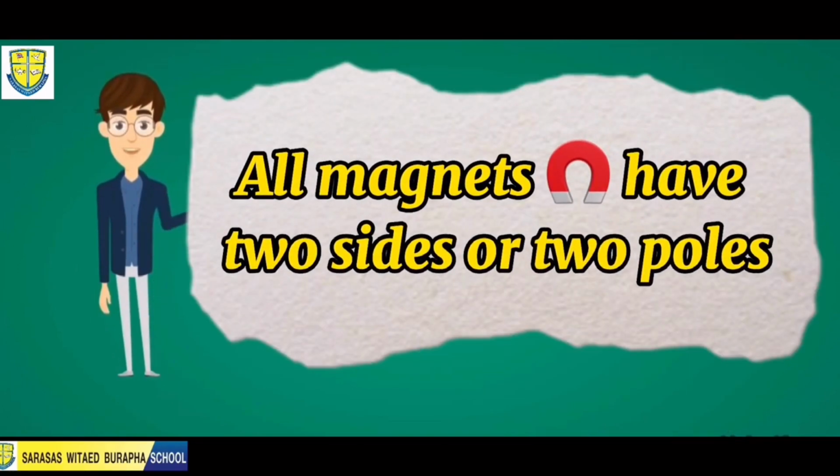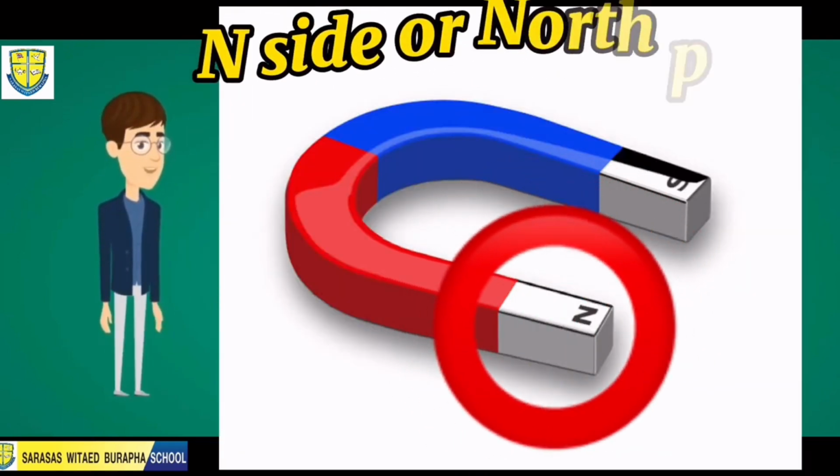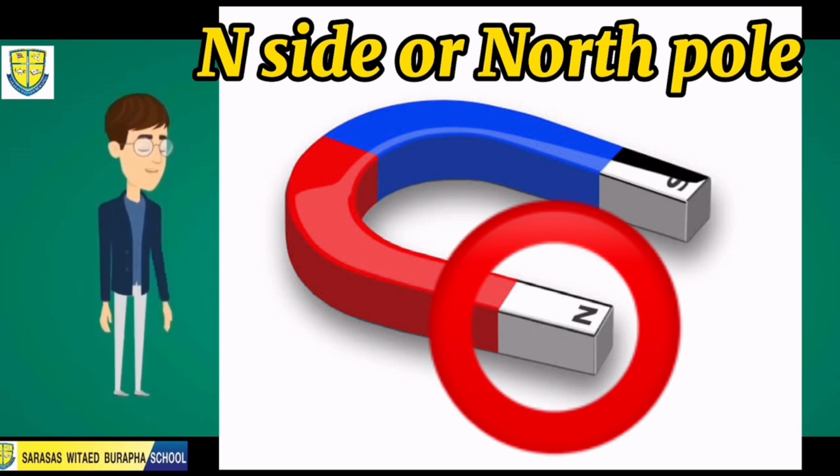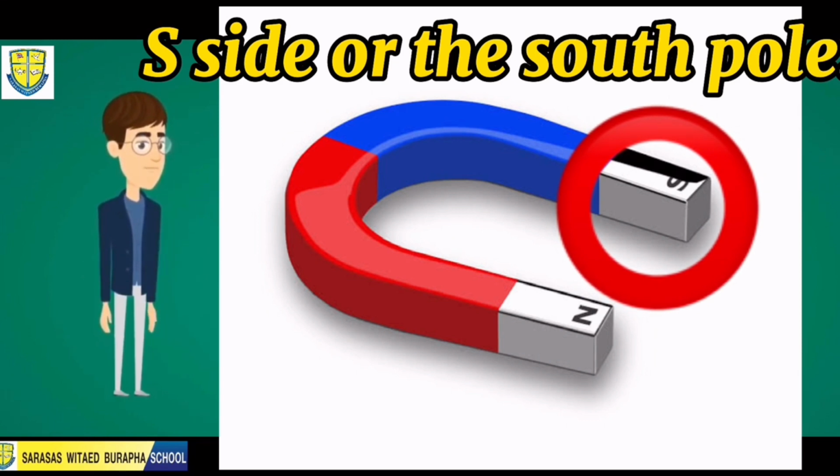All magnets have two sides or two poles. We have the N side or the North Pole, and we also have the S side or the South Pole.